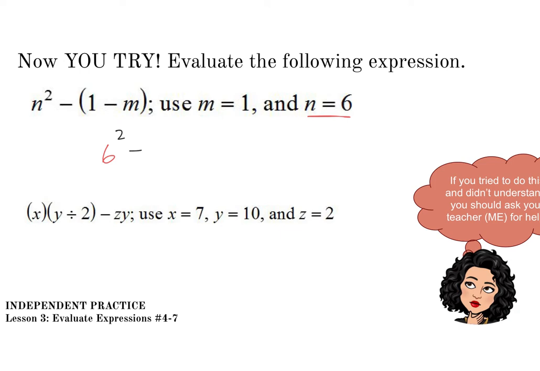Keep all other numbers and operations exactly the same. Then we will apply order of operations. So grouping goes first. 1 minus 1 is 0. Then we can do exponents. 6 to the second power really means 6 times 6. So that is 36. And then 36 minus 0 is just equal to 36.